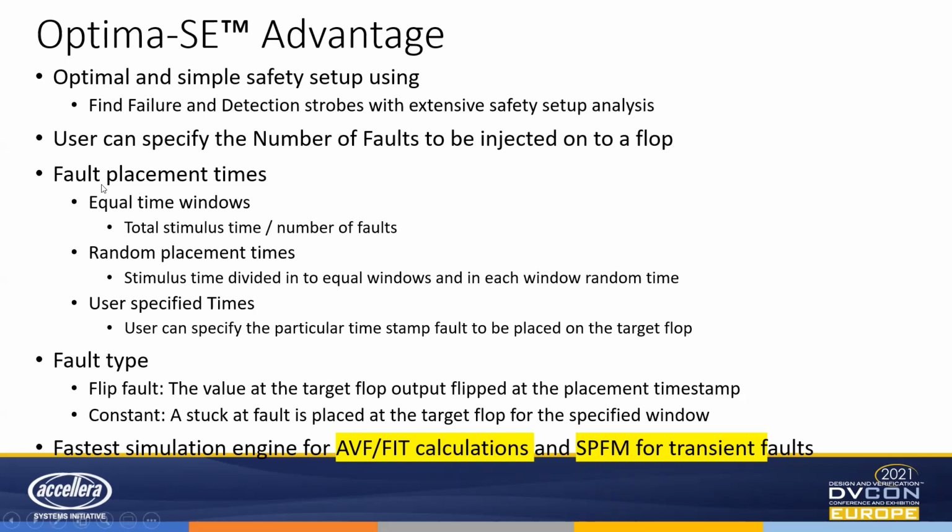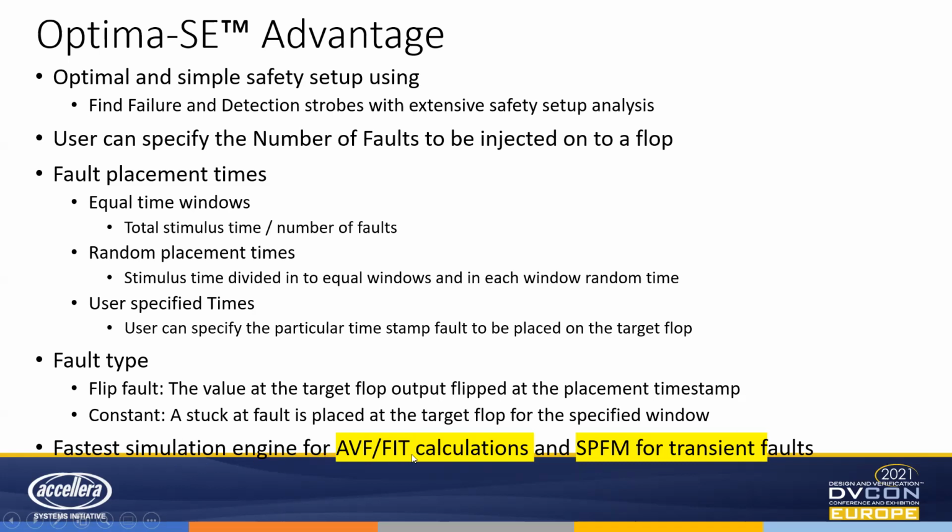We also have fault placement time flexibility, where the user can define it or we can do it automatically. By default it is done in equal time windows, or you can place faults at random times. Or the user can specify the times at which to inject a fault, either a flip fault or a constant fault.